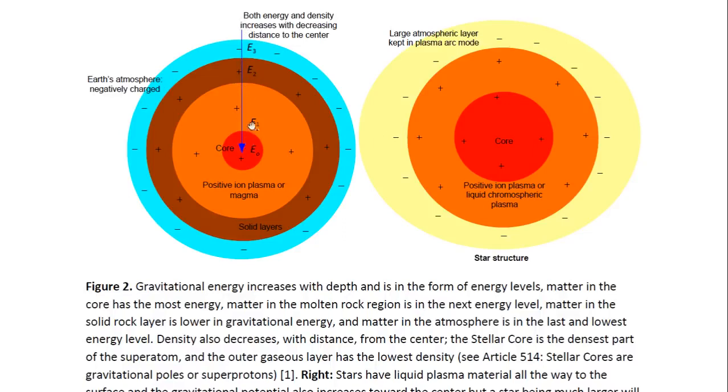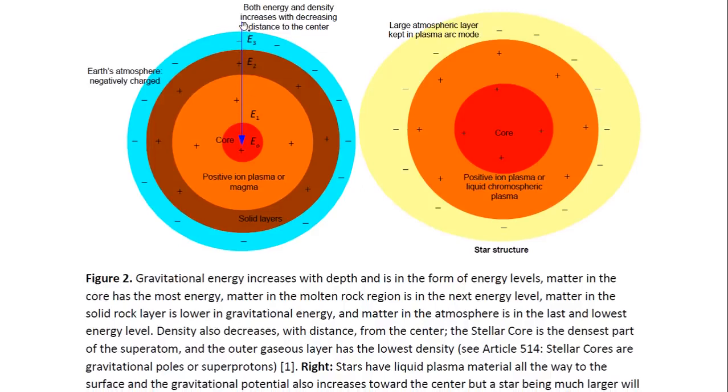It will decrease with distance from the center of the object. So the material in the atmosphere will have the lowest gravitational potential, and the material in the magma closest to the surface of the object will have the highest gravitational potential.